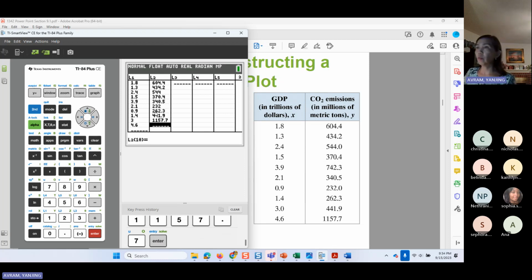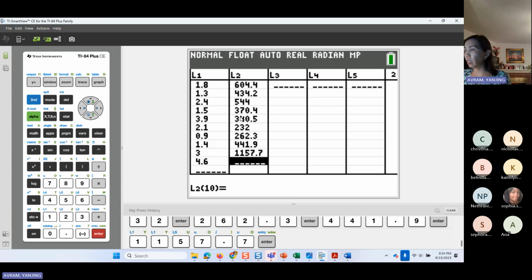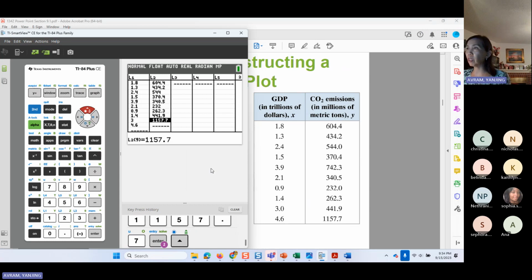Make sure your left side and right side have the same number of entries. Looks like I have something missing here. You can tell my left and right are not equal, so I have to check my numbers because it won't graph that way. The good thing is you can check it one by one. 604.4, 3.44, 37. Oh, I missed one number here.